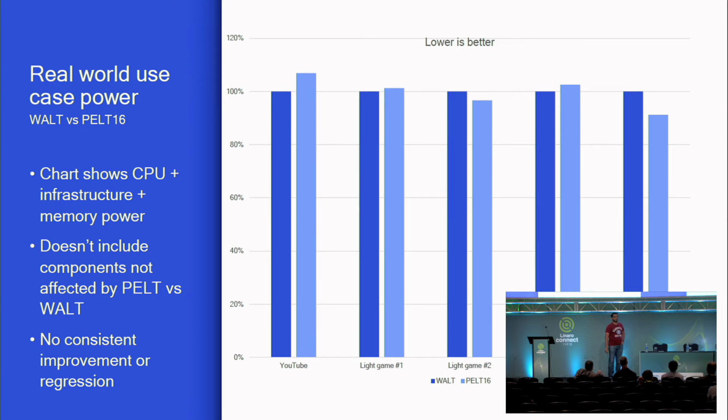Any more questions? You say you can't give detail for value add 1 and 2. Will you release anything at some time, or upstream that? This is too early to say, because we're changing value add 1 and 2, tweaking the implementation, because they're all changes on WALT that we're trying to massage to work on PELT. We haven't fully made up our mind on what it's going to look like in the end.